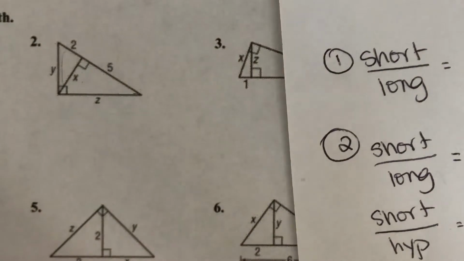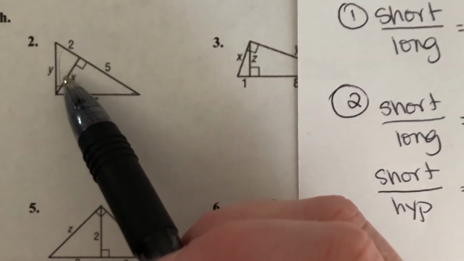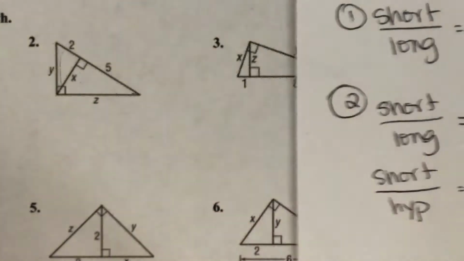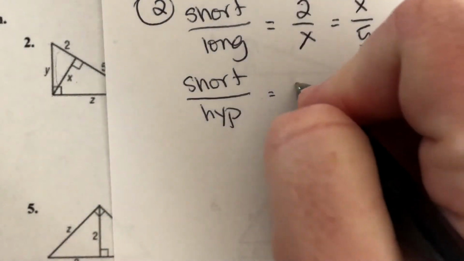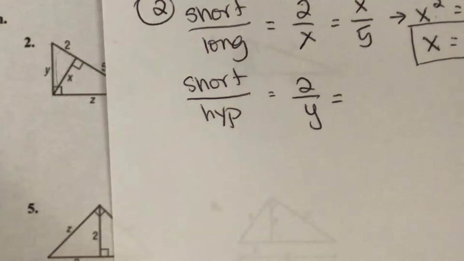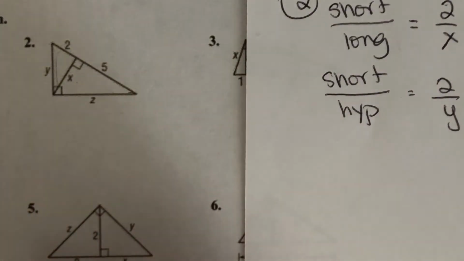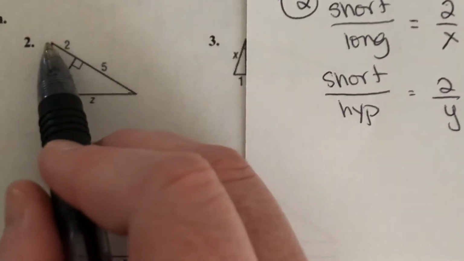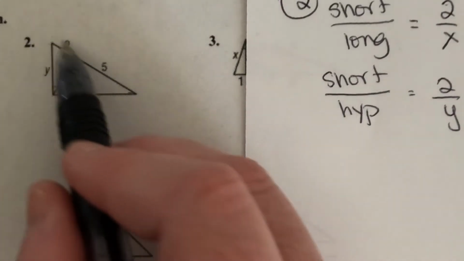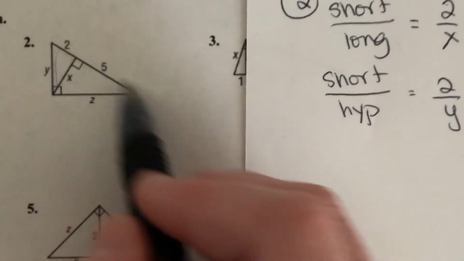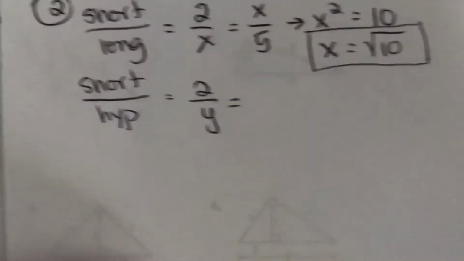Okay, so for the smaller triangle, short over hypotenuse is 2 over y. And for the bigger triangle, this whole big thing, short over hypotenuse is y over this whole thing. And this whole thing is made up of 2 plus 5, which is 7. So y over 7, short over hypotenuse.